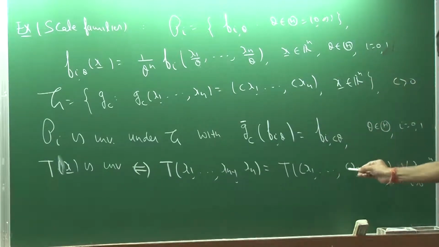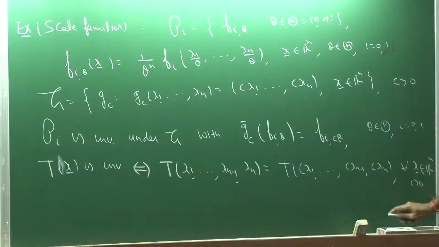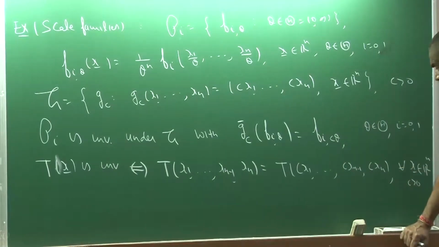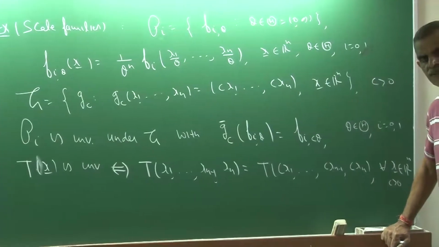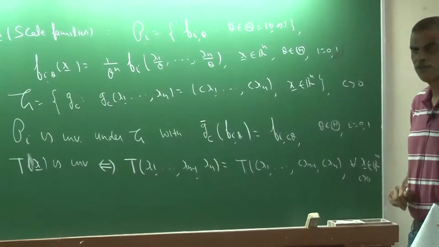So I have 1 degree of freedom available with me, which is in terms of this parameter C. But C has to be positive. So I can choose C to be 1 upon mod xn.